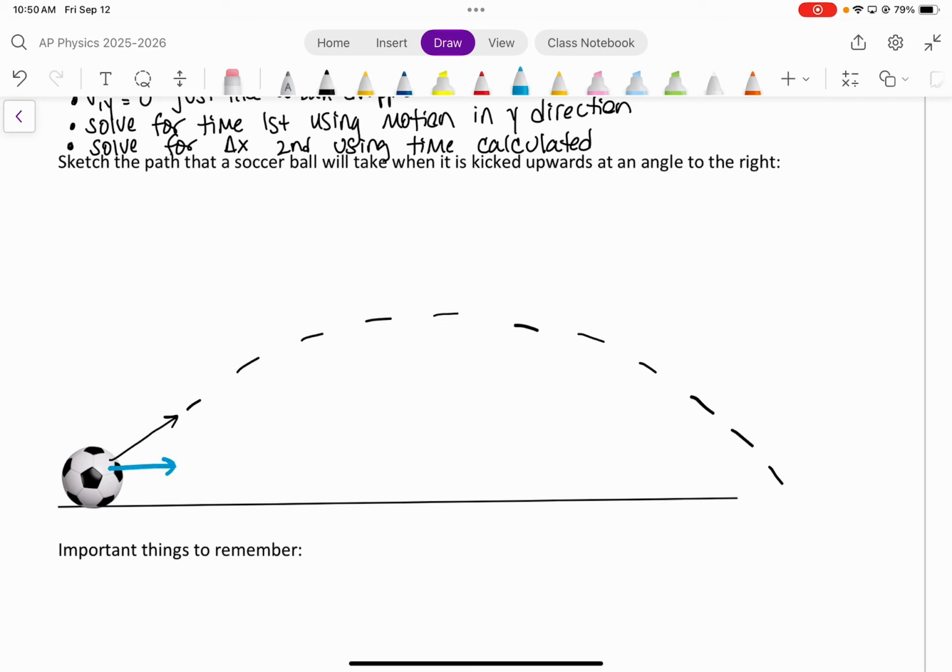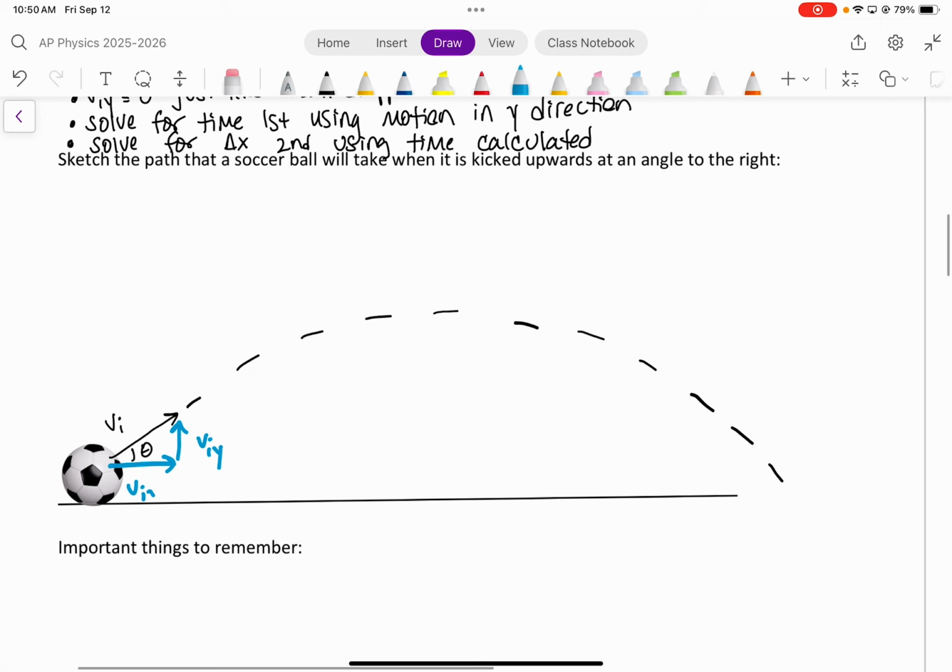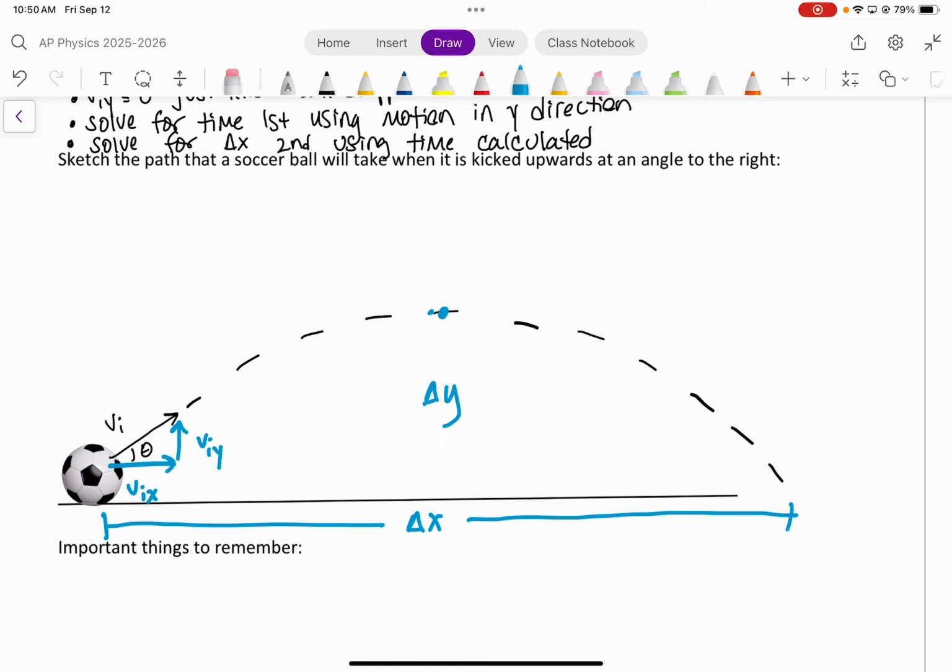So if this is our initial velocity, we're going to have an angle theta, and we're going to have initial velocity in the y direction and initial velocity in the x direction. We're going to have the same delta x, which is still the distance that it travels, and this is delta y, which is the height that it reaches.